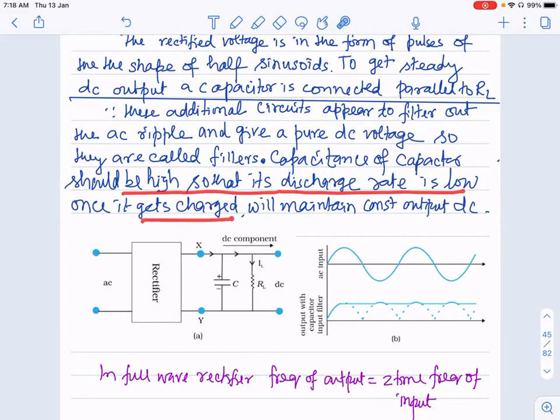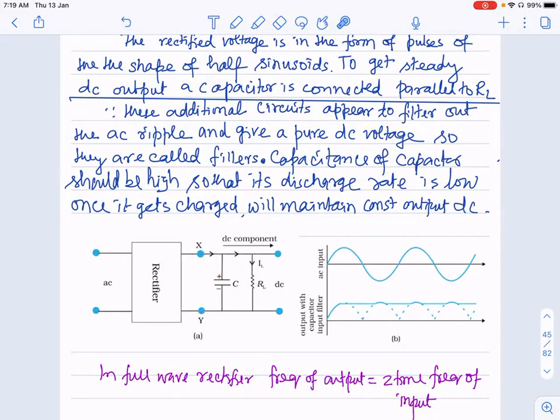Once it gets charged, it will maintain constant DC output. Discharge rate is very low. It will not get discharged even while giving the output, and meanwhile it is connected to the supply and will be getting charged.